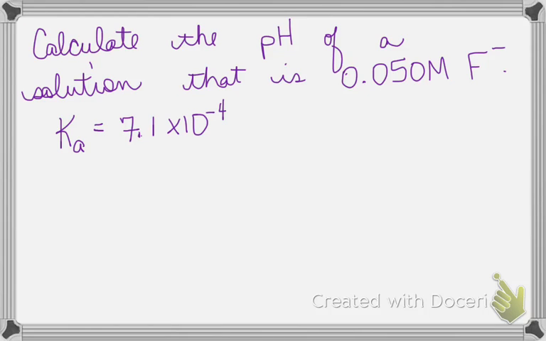How do I get Kb? I'm going to say 1 times 10 to the minus 14 divided by 7.1 times 10 to the minus 4.